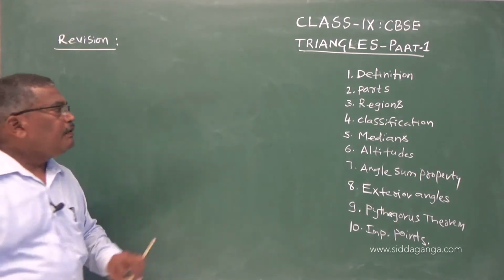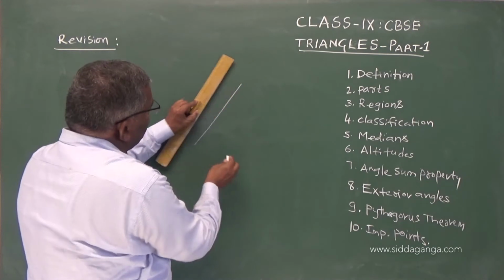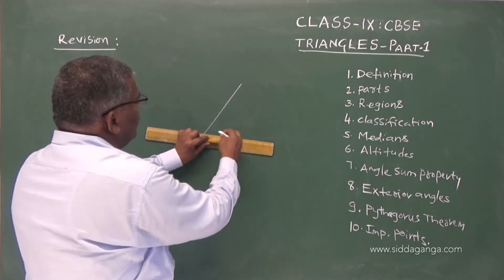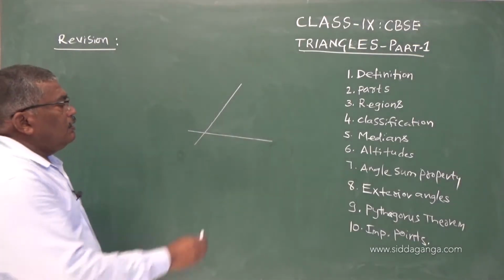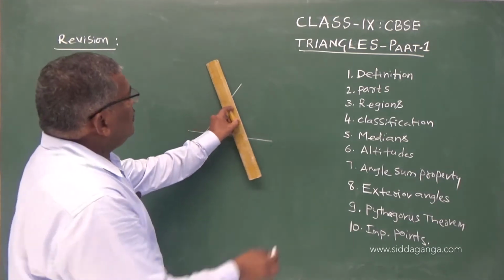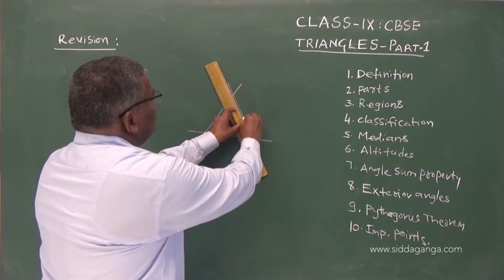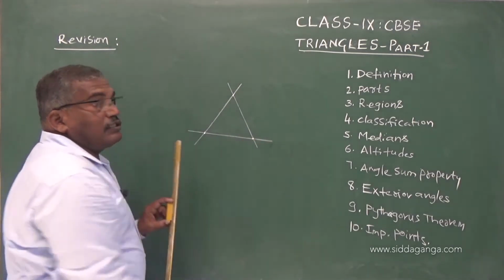Suppose this is one line, a straight line. Another straight line is passing like this, so we have one intersection point. If another line is joined like this, these are two more intersection points.